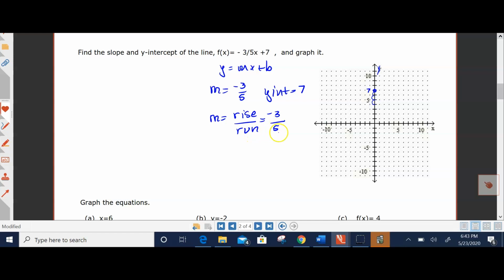And since that's a positive 5, I'm going to run to the right. 1, 2, 3, 4, 5. And that gives me another point, stopping right there on my line. And all I need to do is connect my dots. So that's an easy way to graph a line. We can use the rise over run and graph that line with the y-intercept.